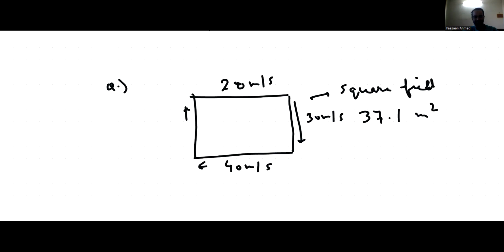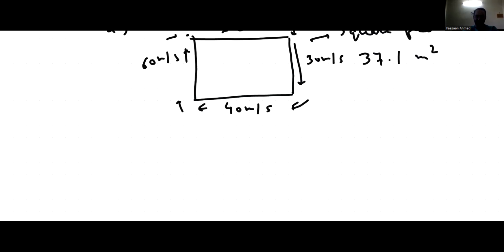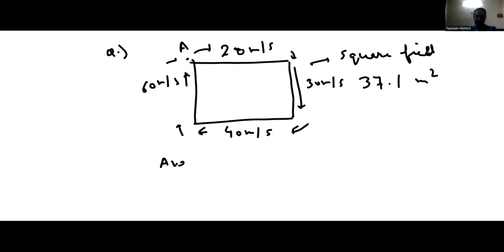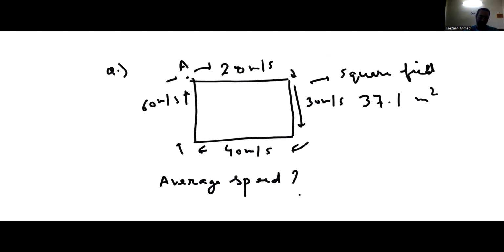So the person is starting from this point, and then he's going to come back to this point. So what is the average? The question is asking what is going to be the average speed of the person during the entire journey.